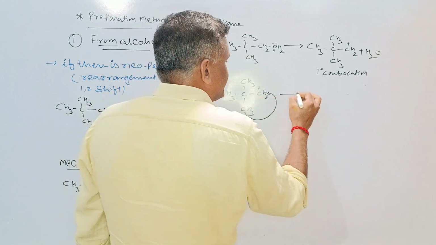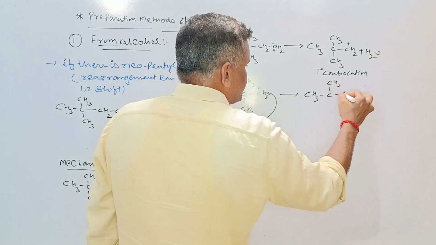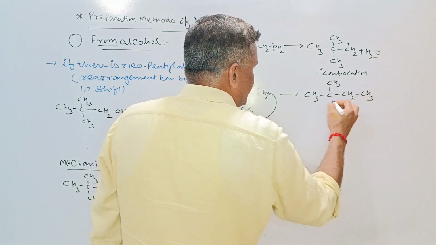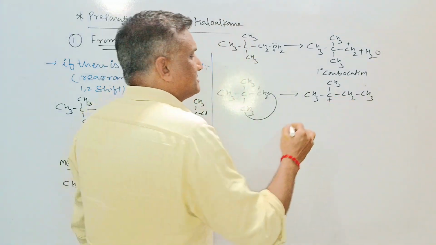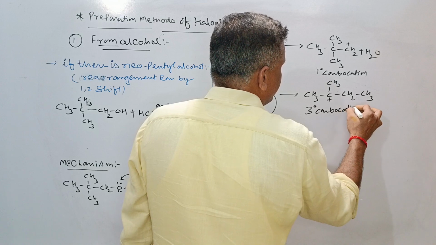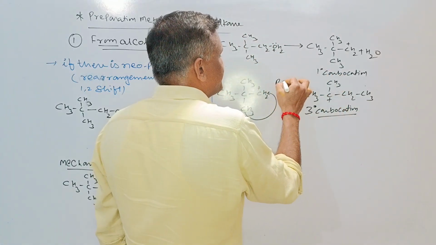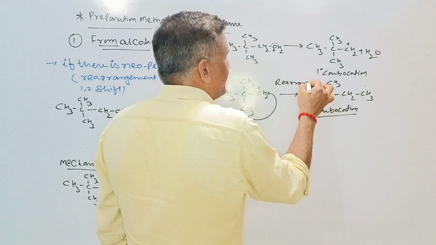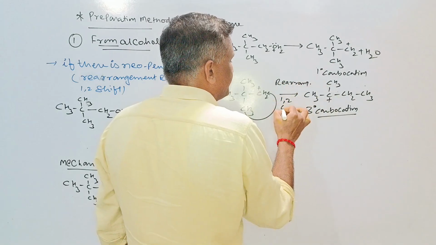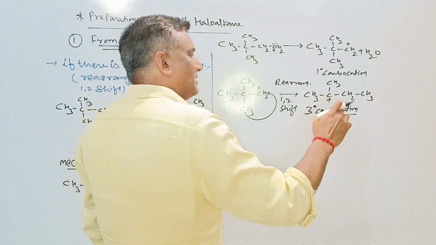Then it changes into CH3, CH3, CH2, CH3, and here will be the positive charge. This is the 3 degree carbocation. Meaning the 1 degree carbocation changes by rearrangement of 1-2 shift, and it changes into a 3 degree carbocation.